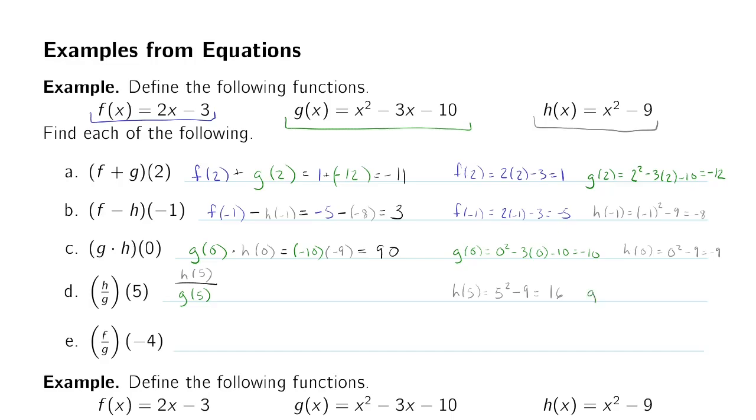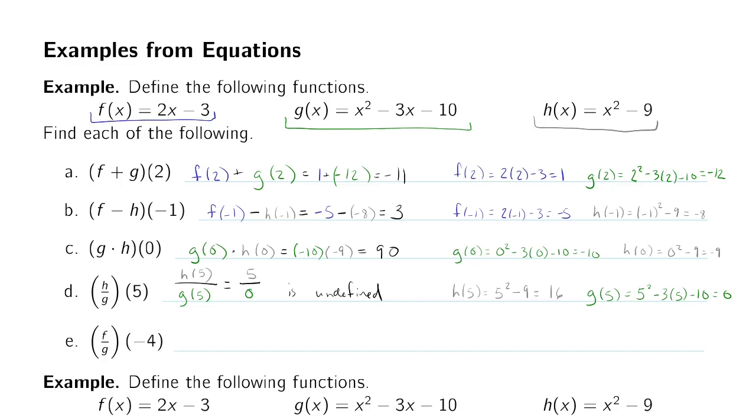And then g of 5 is 5 squared minus 3 times 5 minus 10. Uh-oh, that's 0. So we get 5 over 0. We can't do 5 divided by 0, though. And so this is undefined.